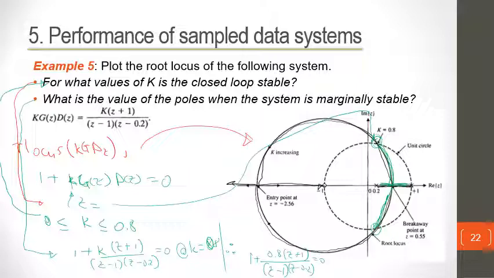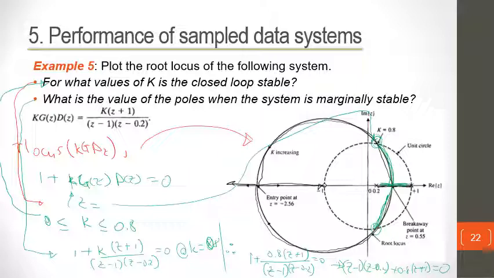You can substitute this value because you know this happens at 0.8. When k is equal to 0.8, that is marginal stability. Substitute that into this equation, and then you will get an implication here. You can solve for z in this equation, and then you will get that this means that z minus 1 times z minus 0.2 plus 0.8 times z plus 1 is equal to 0.